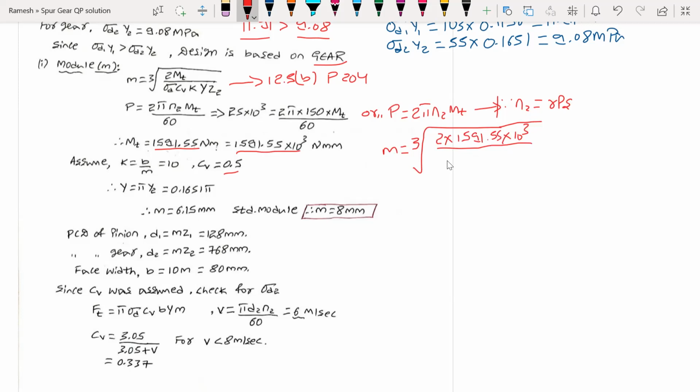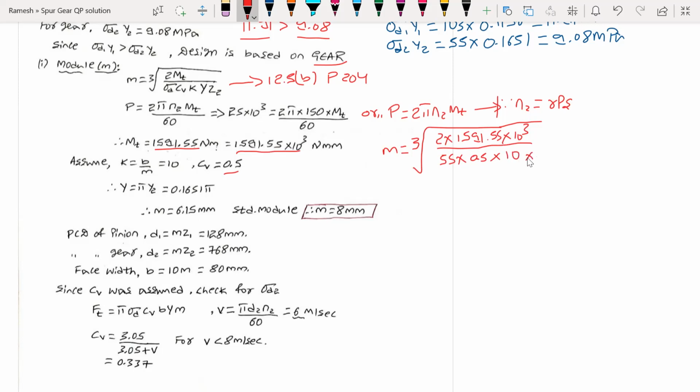Okay, we have to take sigma d2. Why? Because you are designing it for the weaker member, that is the gear. Therefore, sigma d2 will be given as 55. Substitute that, it is given in the data. And the CV value, that is velocity factor, I have assumed as 0.5. Substitute that value, and next the k value is assumed as 10.